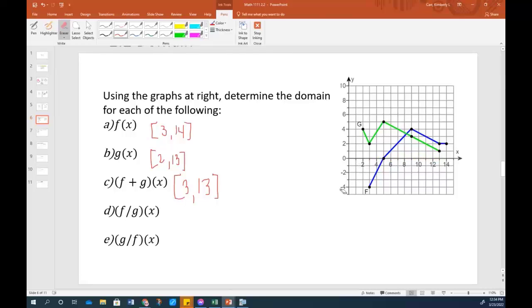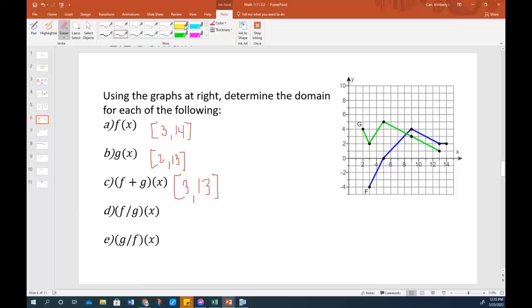All right, what if we're going to divide? Well, the extra stipulation on the division is that what you are dividing by cannot equal 0. So if I look up here, I'm dividing by g of x. First of all, it has to work for both of them, so we're only looking at that area from here to here, like I just erased.